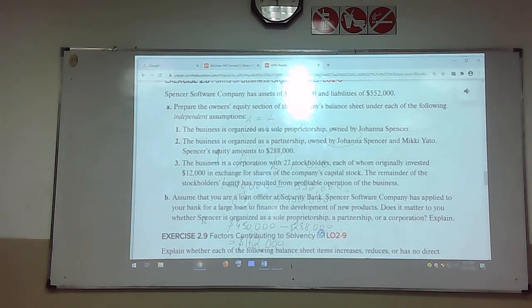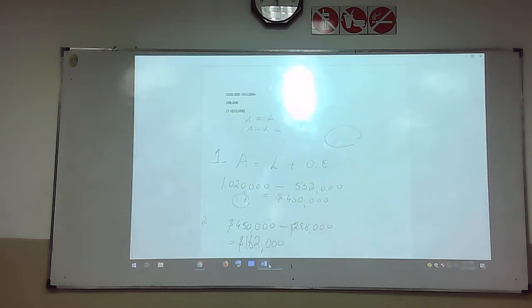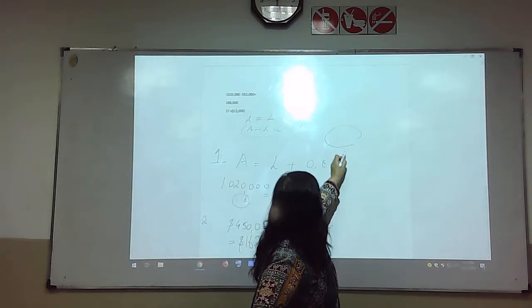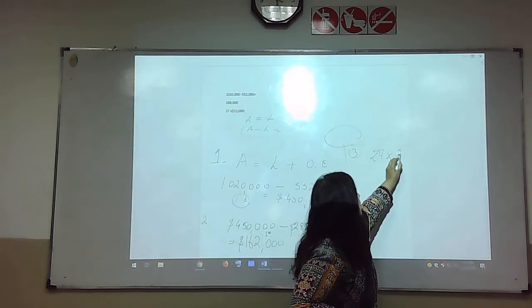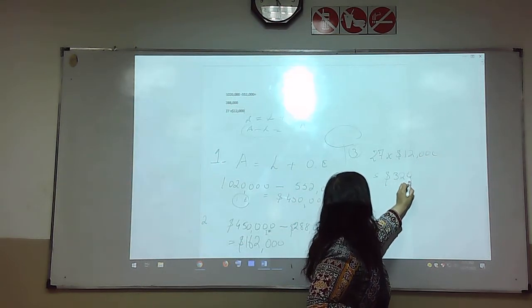The remainder has resulted from profitable operations. So this is very easy. Just simply 27 times 12,000, and you get about $324,000. So what you are essentially looking at in part 3 is 27 stockholders, each investing $12,000, coming to about $324,000.